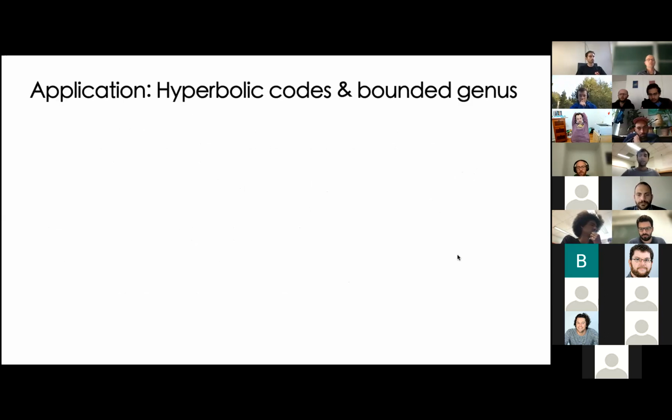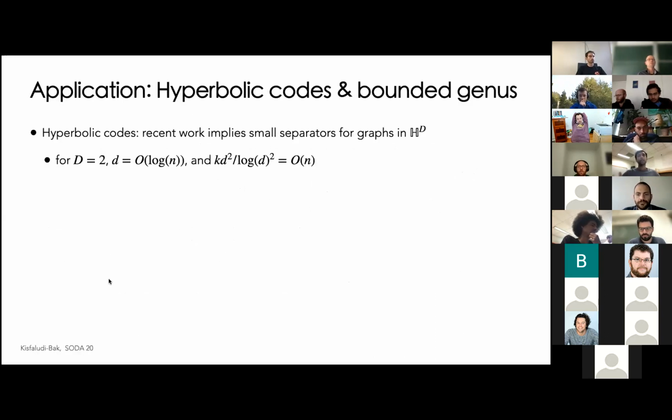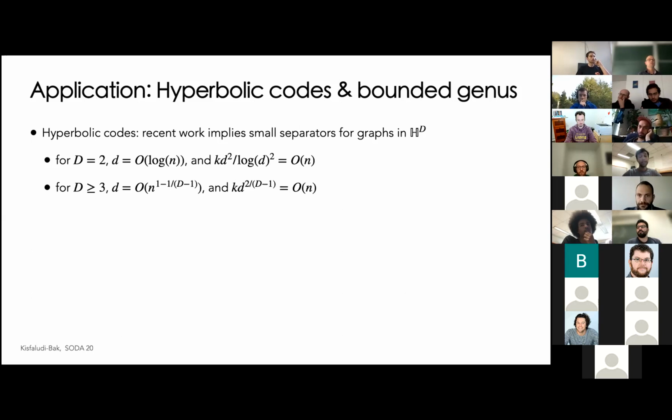As an application, we considered how our work might extend to classes of codes for which we didn't have a generic set of bounds. For example, if one were to consider the class of local hyperbolic codes in d dimensions, there exists some very nice work by Kisfaludi-Bak, who presented bounds which gave you the separator for a d-dimensional local surface in hyperbolic space.